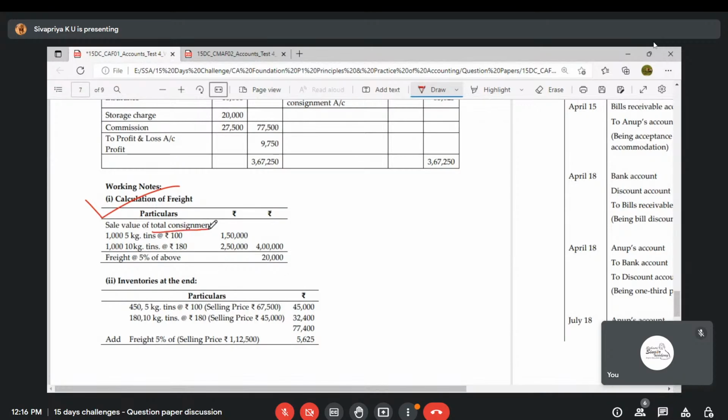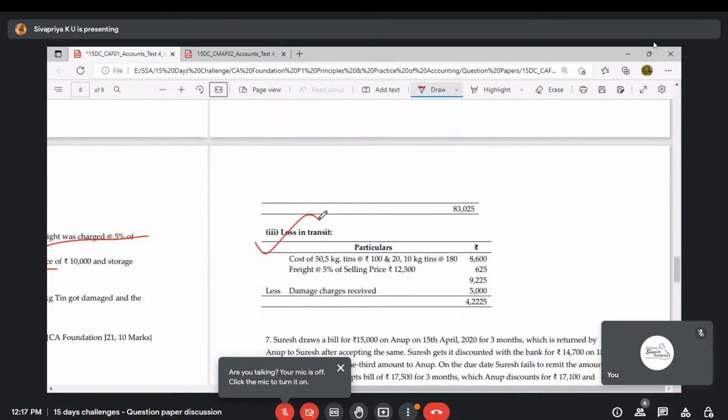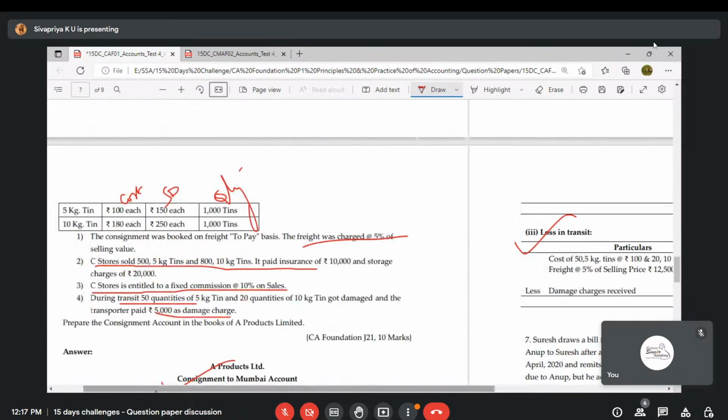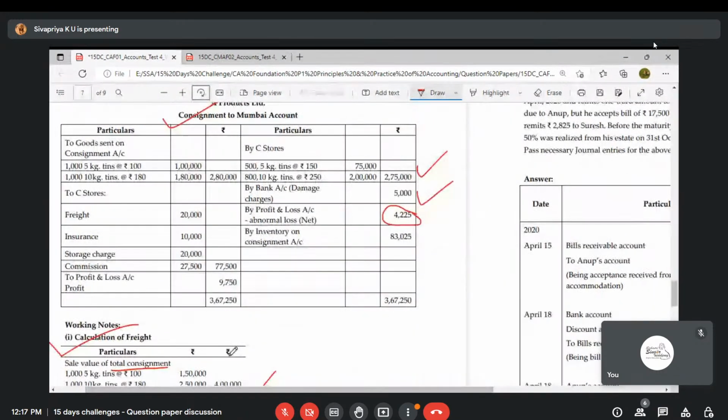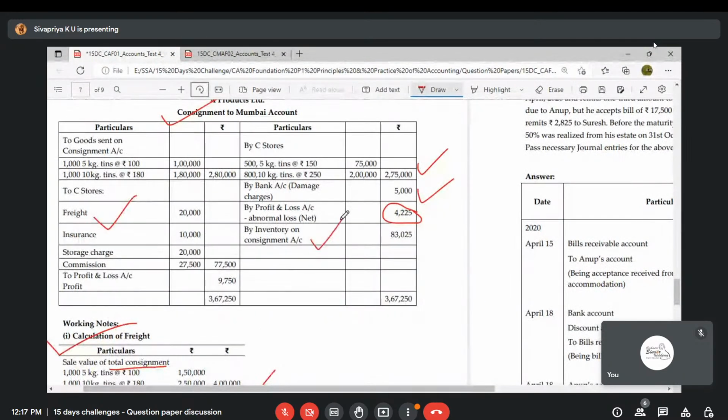So எவ்வளவு டோட்டலா சென்ட் பண்ணிருக்கீங்கங்கற calculation அதுல 5%. அடுத்தது inventories at the end of the year, அதுக்கான calculation. அதுக்கு அடுத்தது loss in transit, இதுக்கான working notes, right? This is a normal consignment account தான், பெரிய complications இல்ல. இந்த மூணு working notes மட்டும் நமக்கு வேணும் for freight, and this closing stock and this abnormal loss in transit.